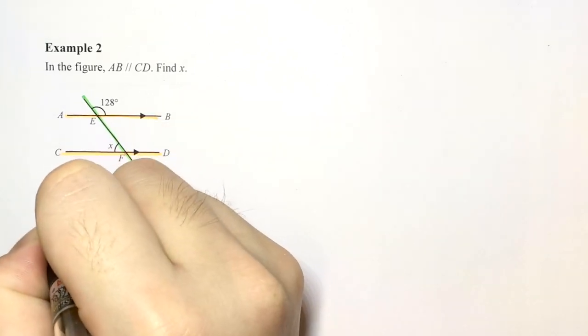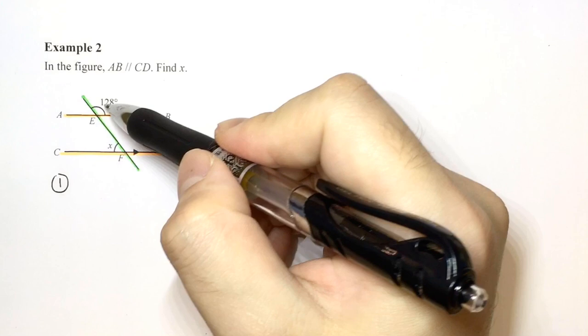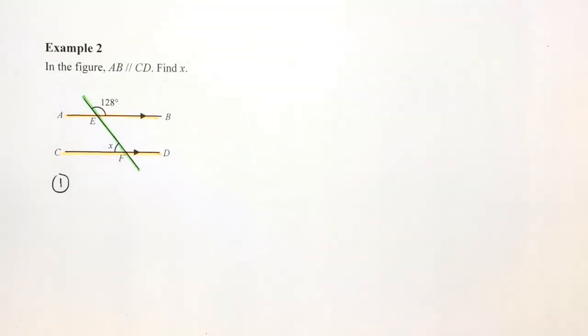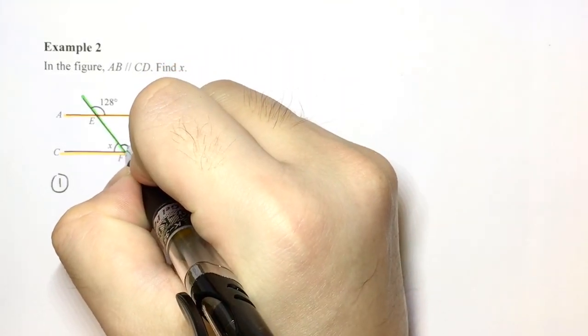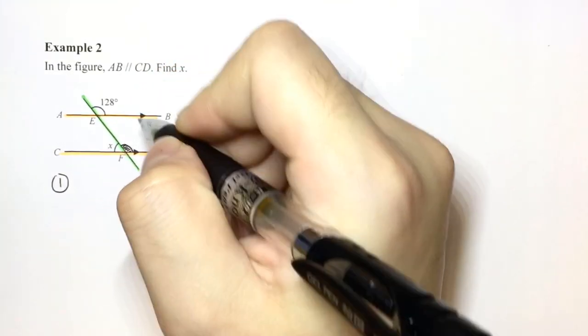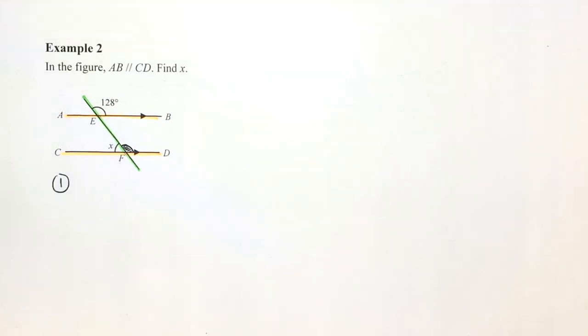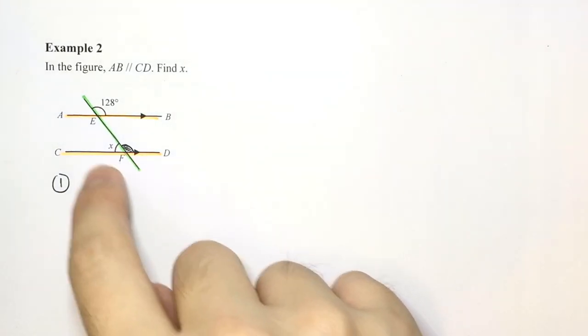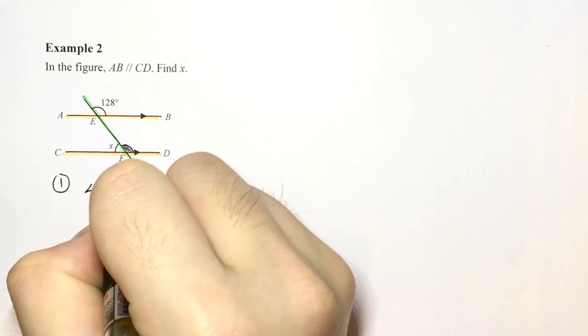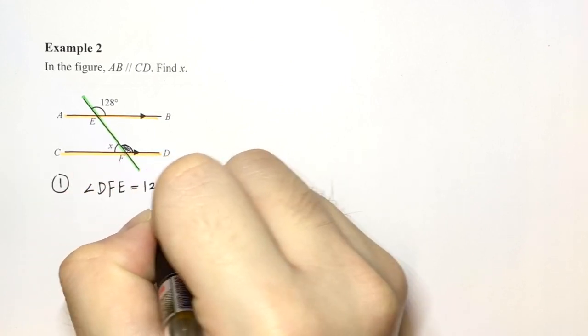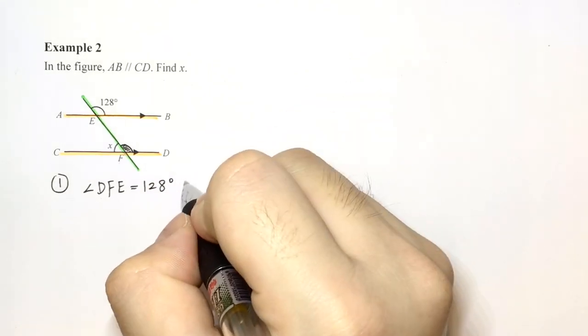Method 1. You can consider a corresponding angle to 128 degrees or even x. For the first method, I would name this angle, angle DFE, right? So I will write angle DFE is 128. Why?